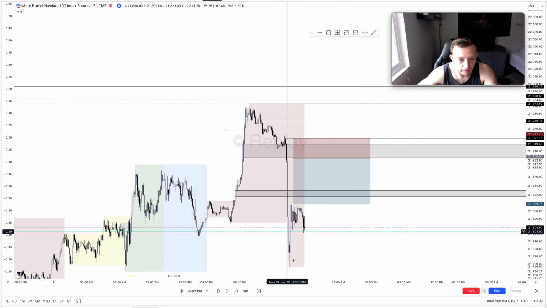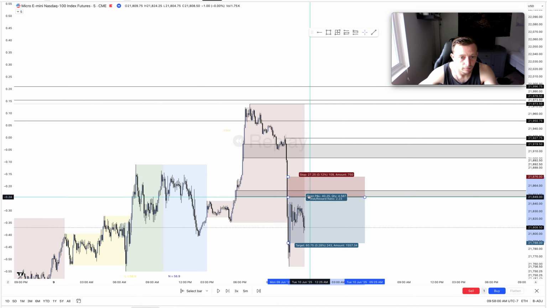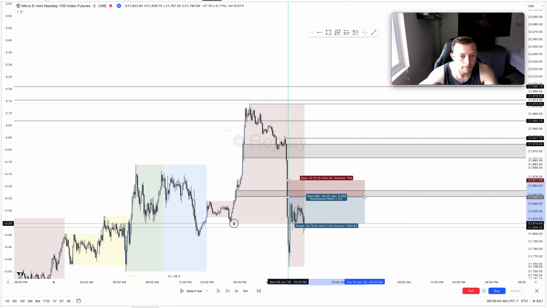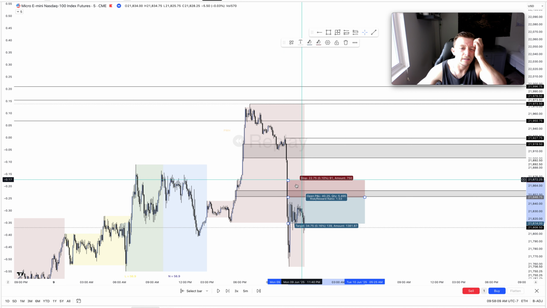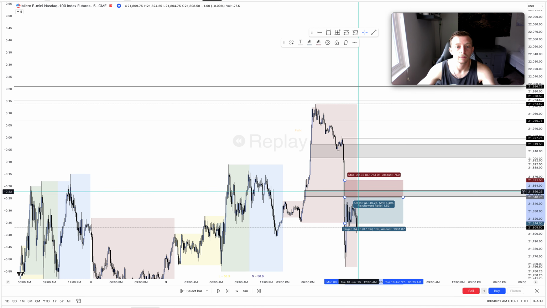And then again down to here, I probably doubled down, risked like 150 to make 153. So yeah, something like that. So those are the 2 trades I took, one to here and then one to here.